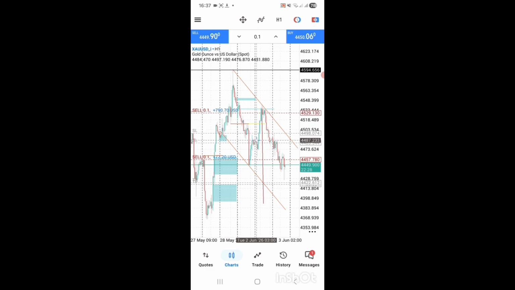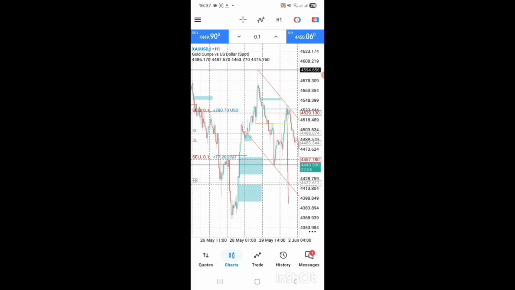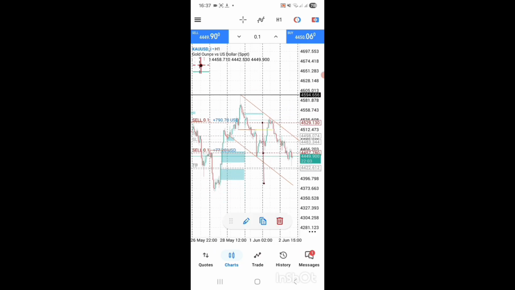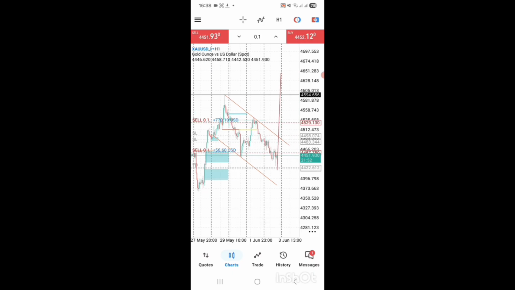So here structure was broken, gold came to tap here, waiting to come retest on this order block here, or this fair value gap, and then I'm waiting from here for gold to go all the way up, and perhaps from there go all the way up to there is what I'm waiting to see.